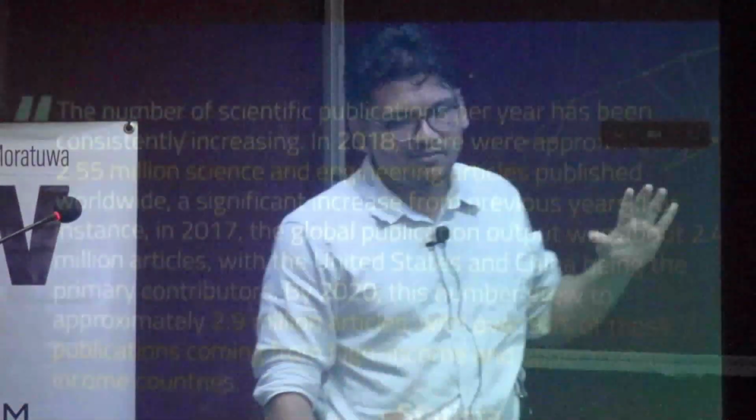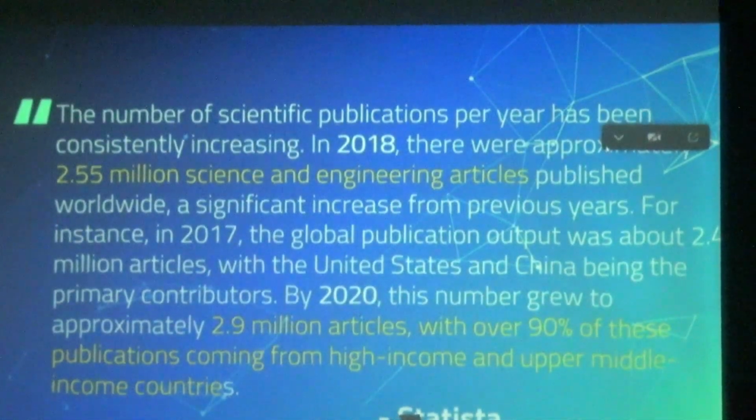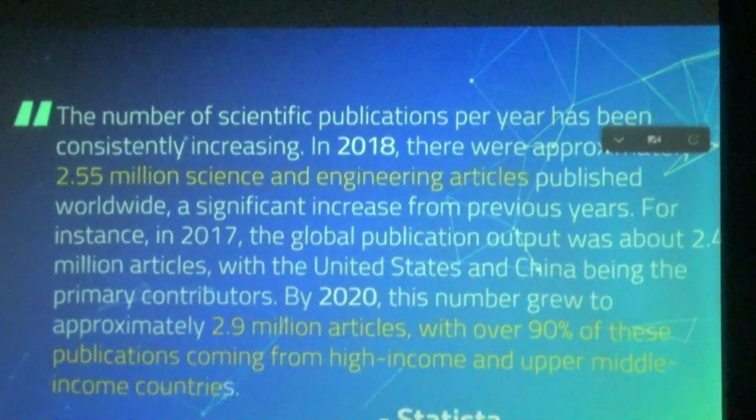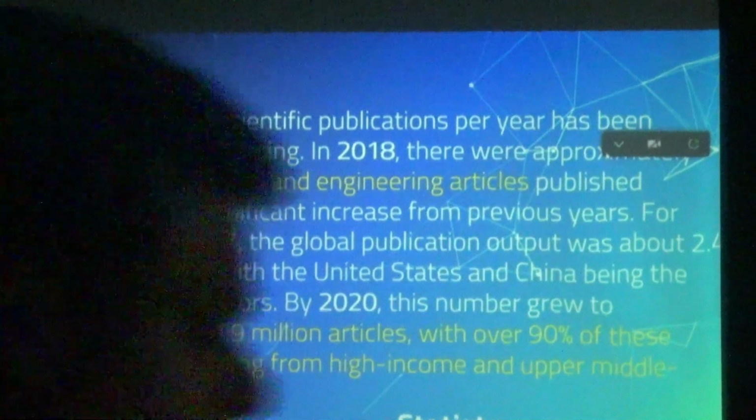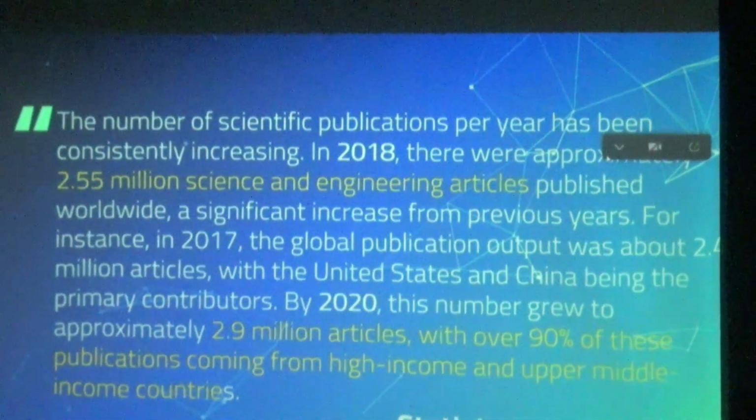Now let's look at why publishing and data visualization are important. If you think about publishing, these are some of the latest statistics. In 2018, roughly 2.55 million science and engineering articles were published. By 2020, it was 2.9 million articles, which means a 0.4 million increase.